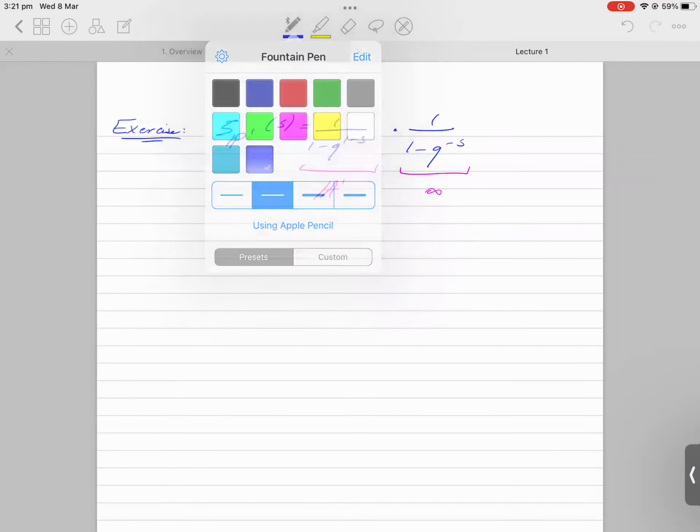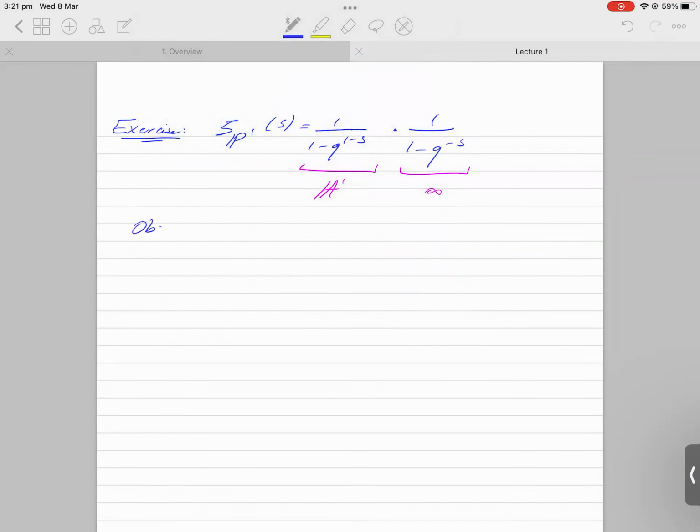And observe that this is a rational function in t equals q to the s. So in other words, in the variable t, it looks like 1 over 1 minus qt, times 1 over 1 minus t.